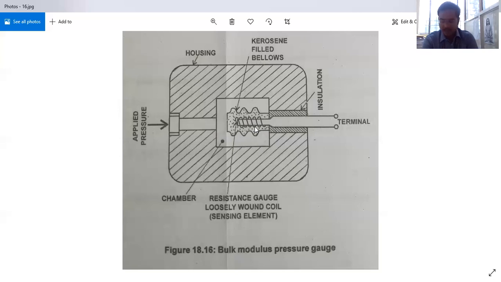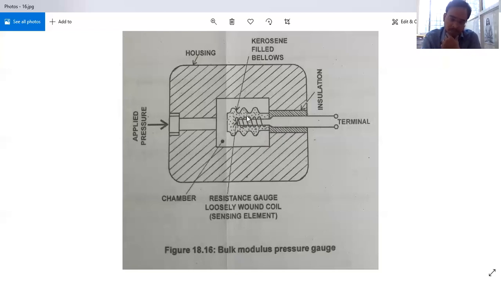So this change in the resistance of the sensing element will be a measure to determine the pressure. There is a bulk change in the resistance due to the movement in this bellow and the kerosene.